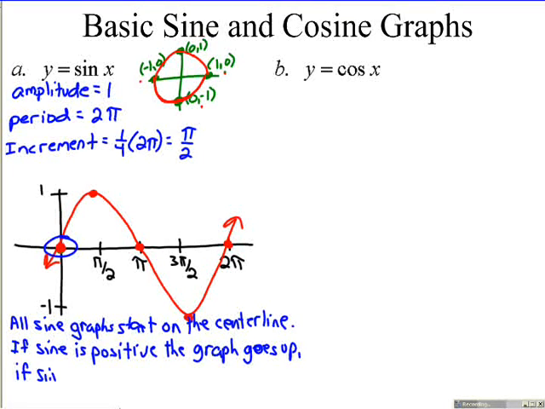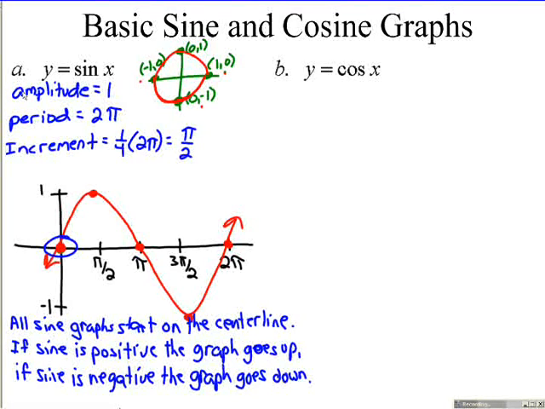If sine is negative, the graph goes down. You're going to want to remember those rules because it's going to be very easy once we have our increment labeled. Once we know it's a sine function then, if we start on the center line, it's positive, we go up, and you're going to use each of those critical points then, so you're going to know the shapes without having to go to the unit circle each time.